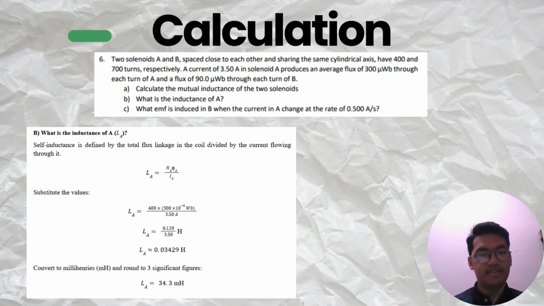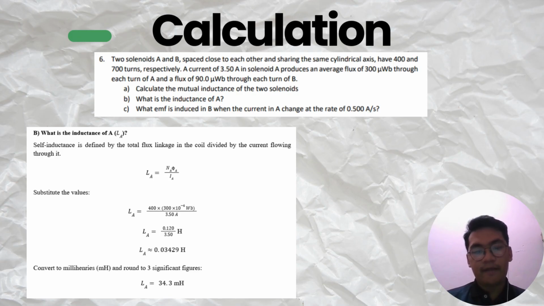Moving on to question 6b. It requires us to calculate the inductance of A. We can define it as the total flux linkage in the coil divided by the current flowing through it. The total flux linkage in the coil we get by multiplying phi by the number of turns in the coil, then we divide it by the current.